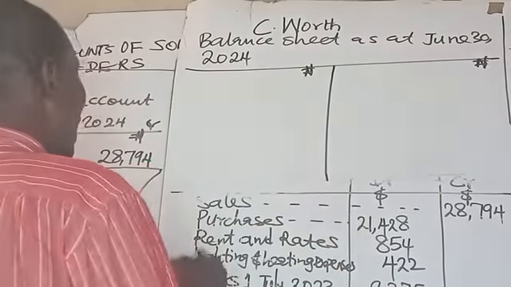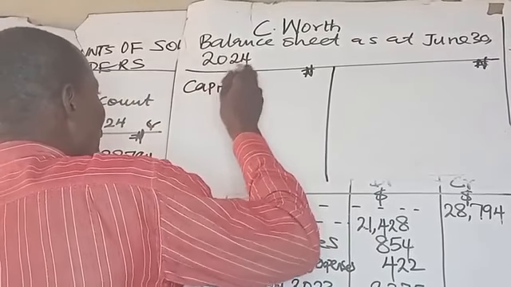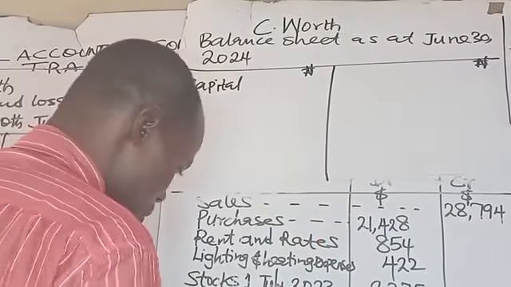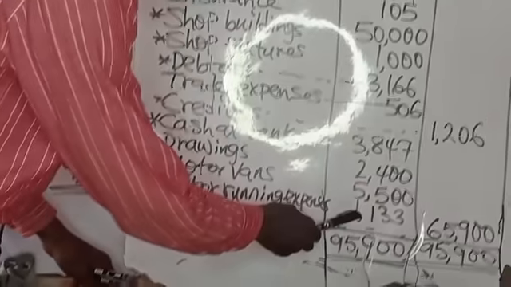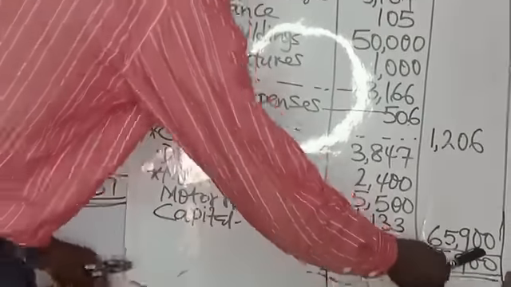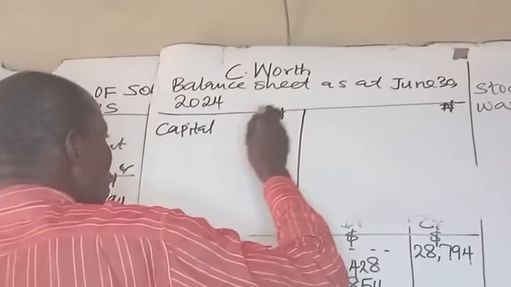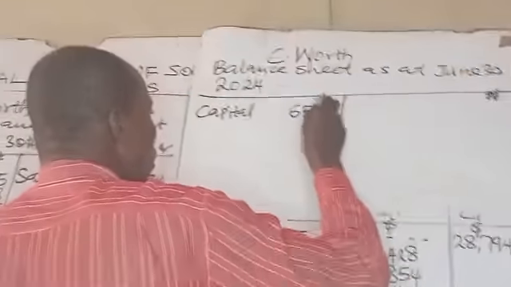So at the left hand side, you have capital. Now, we have capital of 65,900.